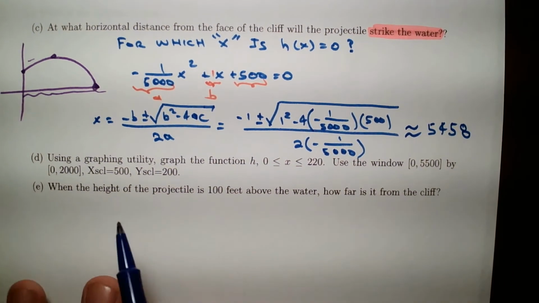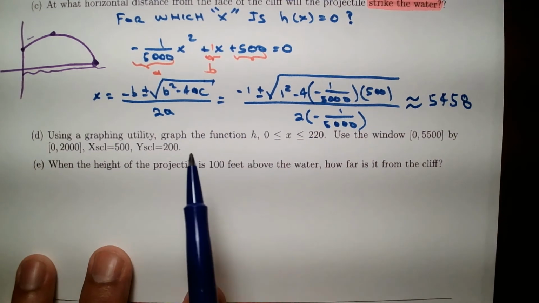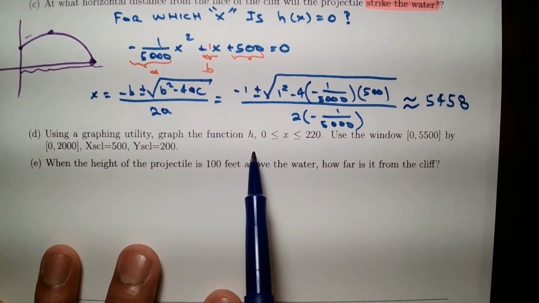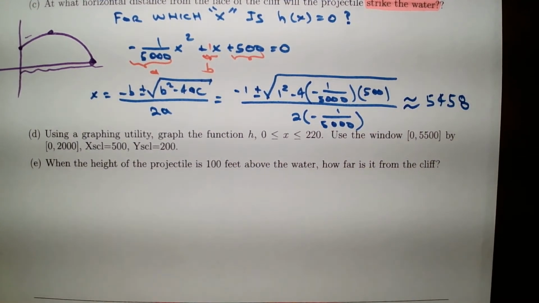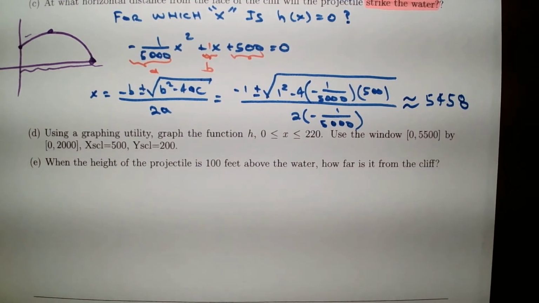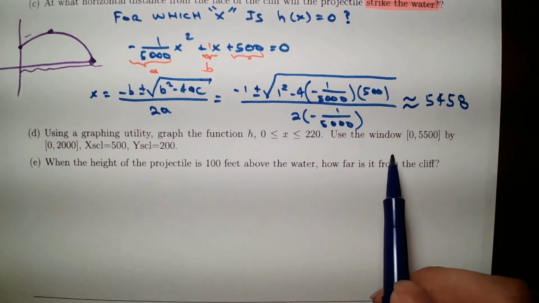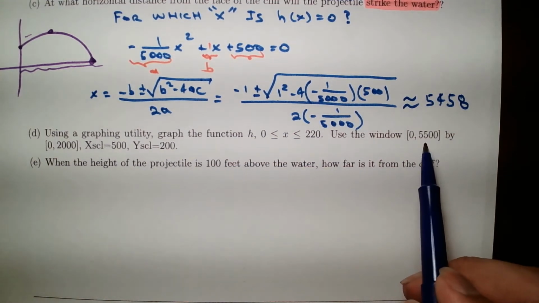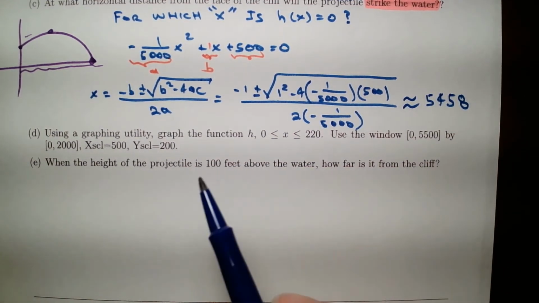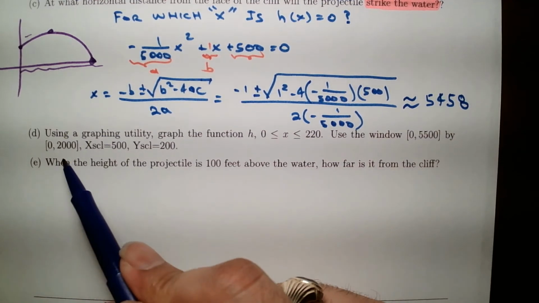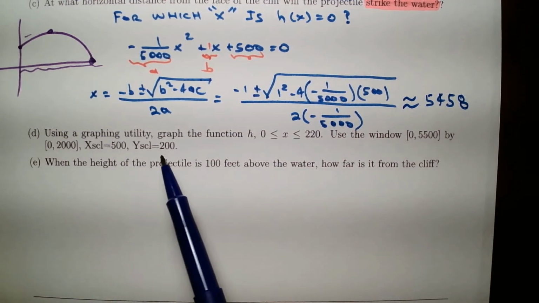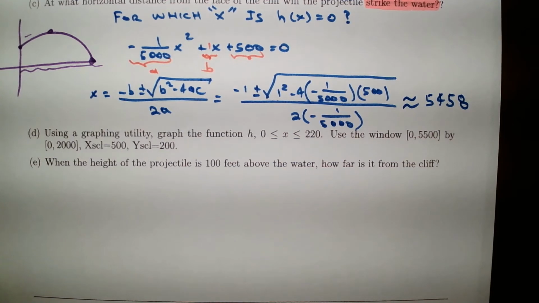All right, so use a graphing utility to graph the function. Let's use the window here, 0 to 5500 by 500, and 0 to 2000 with this scaling, so we can see the whole graph.